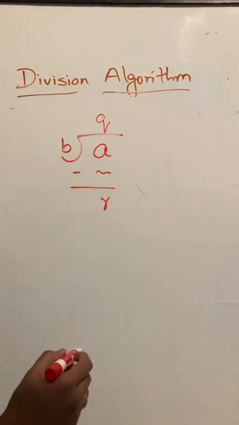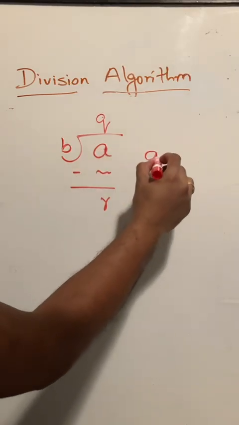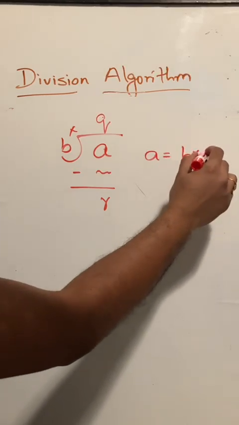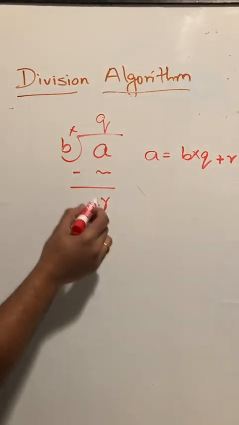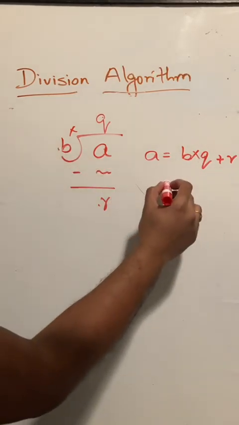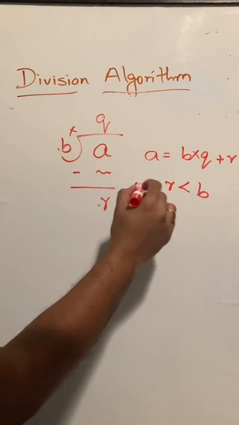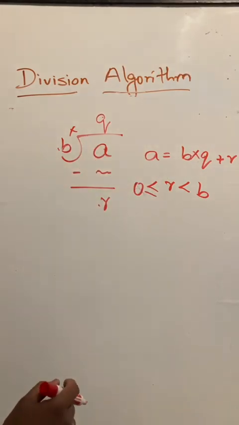The relationship between all these things: to get A, we do B multiplied by Q, then add the remainder R. We have seen this R is always less than B, and it is always greater than or equal to 0. This is the division algorithm.